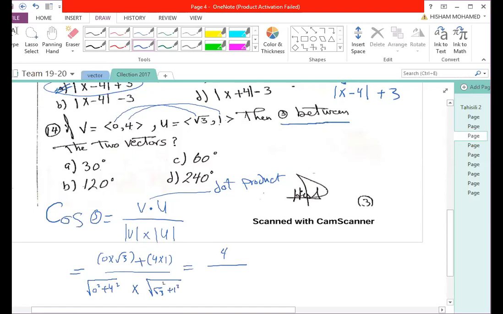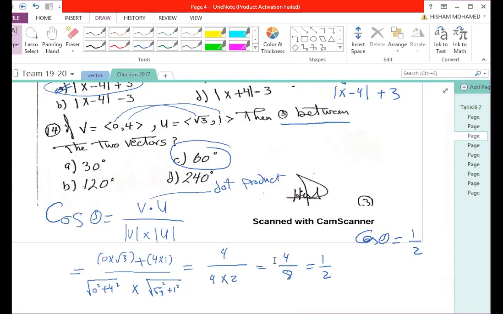So this is root 16 times root 4, which is 4 times 2. So it's 4 over 8, which is equal to half. Now, what angle has a cosine equal to half? It's 60. So the angle between these two vectors is 60.